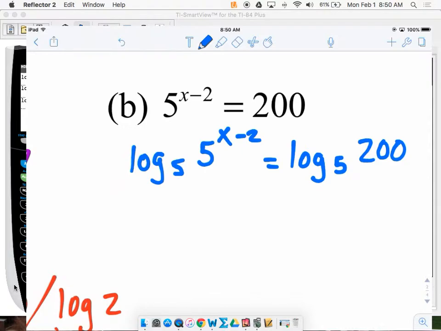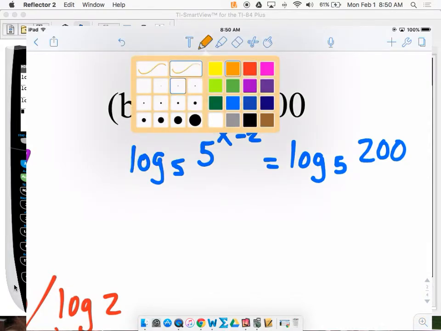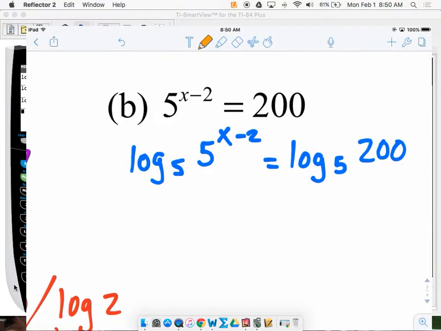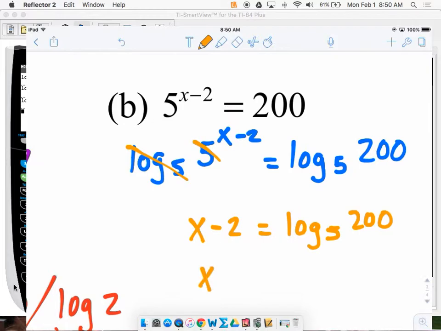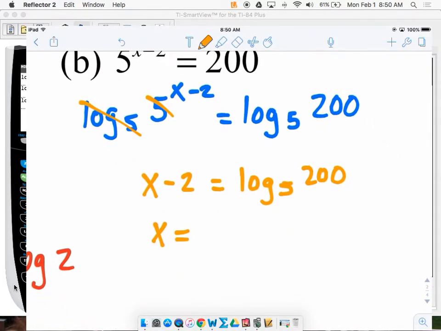Right, and then what am I left with on the left side there? Which is equal to log base 5 of 200. So x must be equal to log base 5 of 200 plus 2.